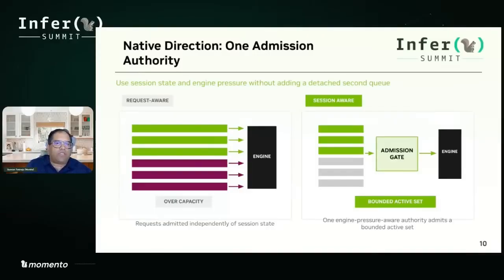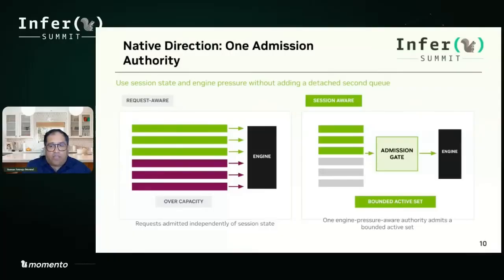So that was our current implementation. We had an additional queue. Now that actually confuses the router. We now have a separate path for request aware and a separate path for session aware. We are now moving towards a single admission gate inside our router, which uses both the session state and the engine pressure to schedule tasks.